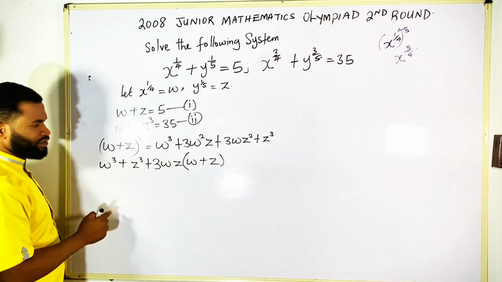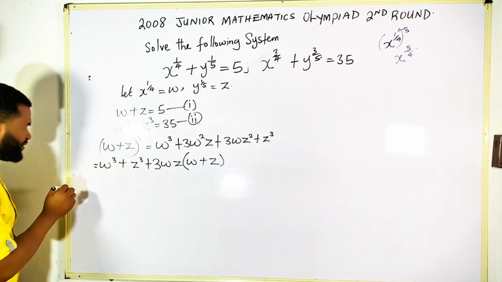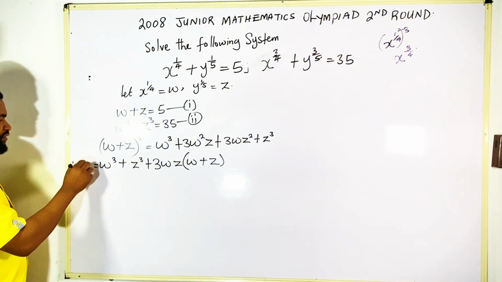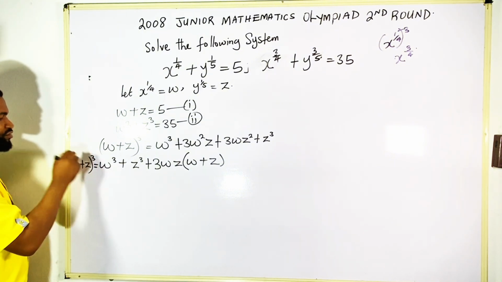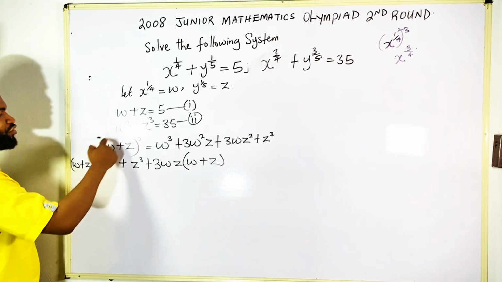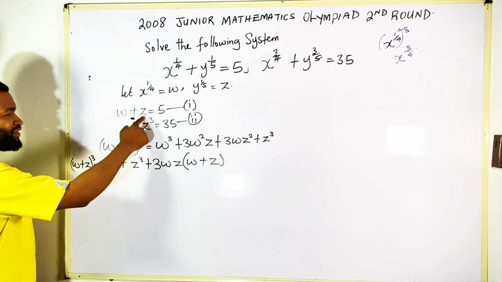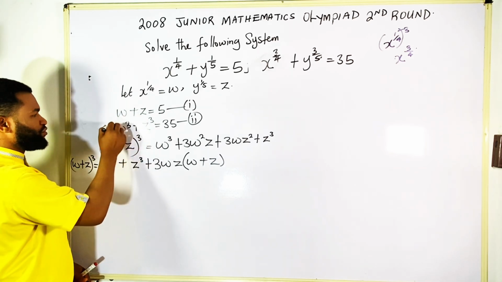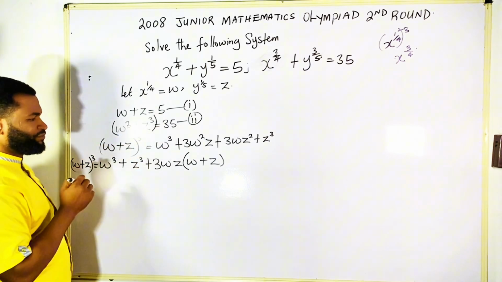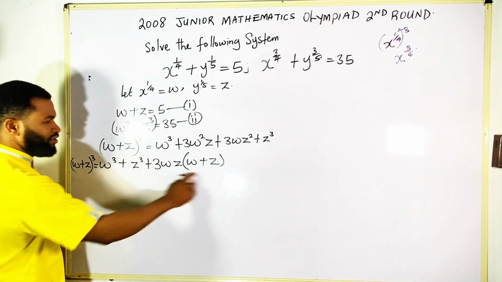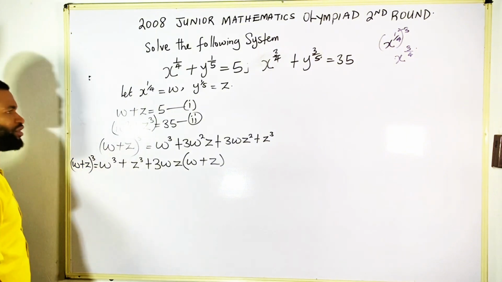This is the same thing as having w plus z all raised to power 3. So I just cube them, because I have w plus z, to be able to get this expression.